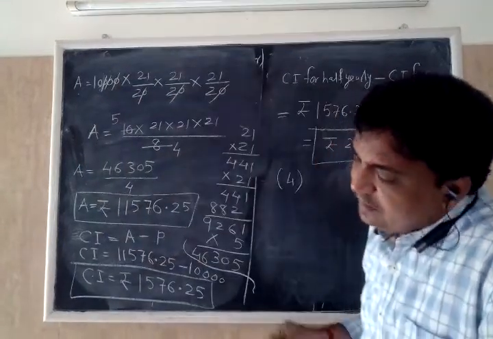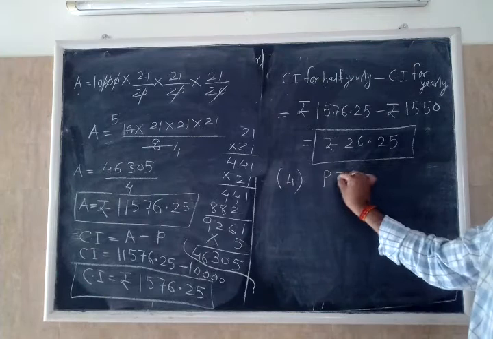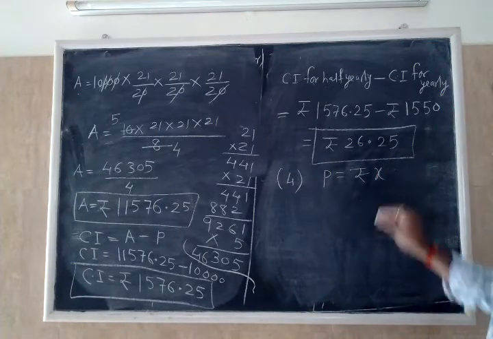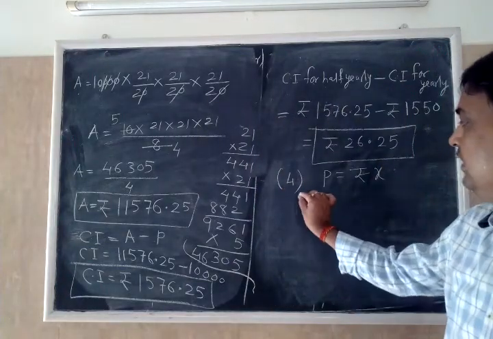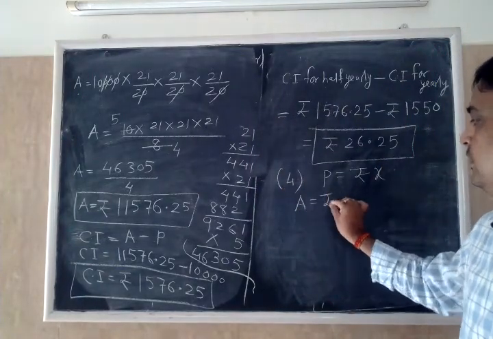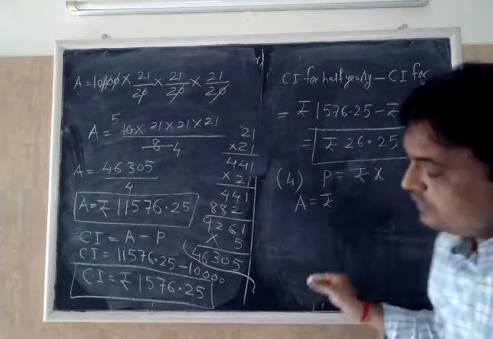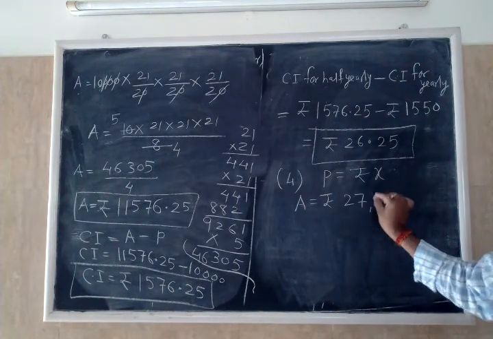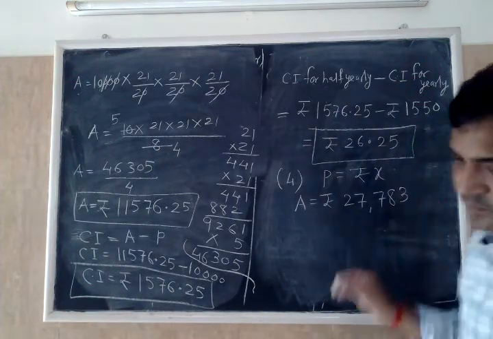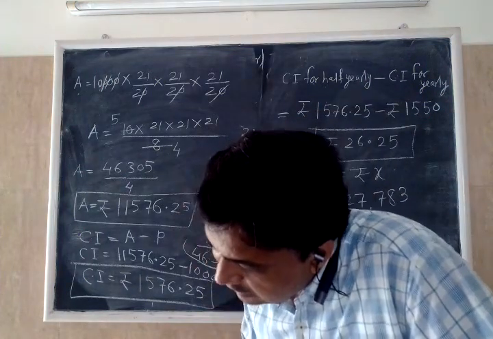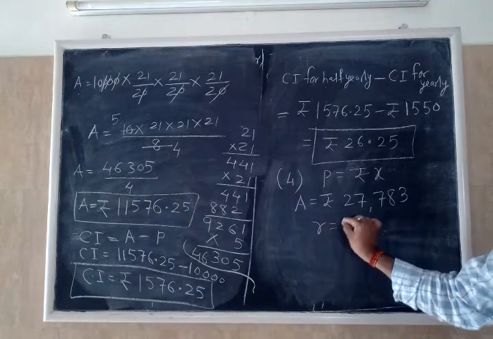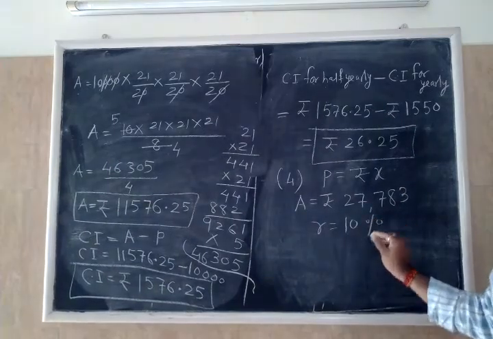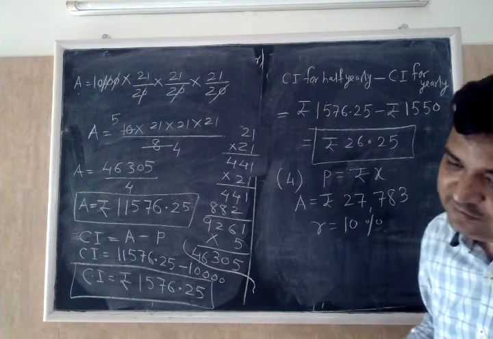What sum of money will amount to? Means principal amount. So P is rupees x. Amount to means A, rupees 27,783 in 1.5 years. The rate of interest is 10%.